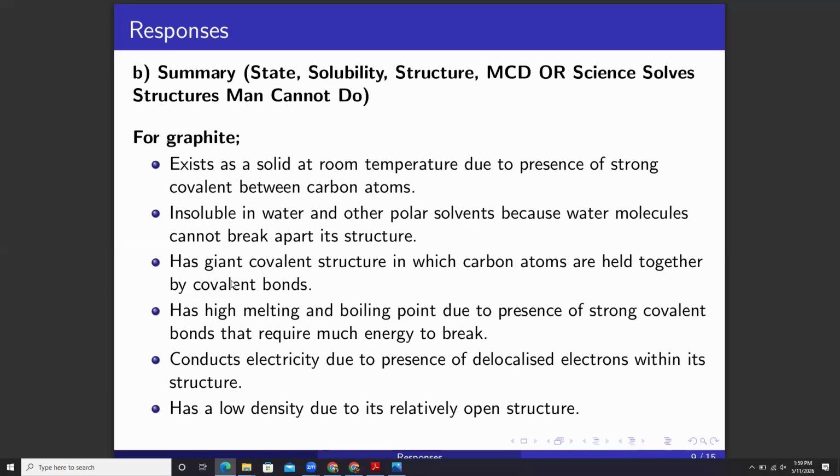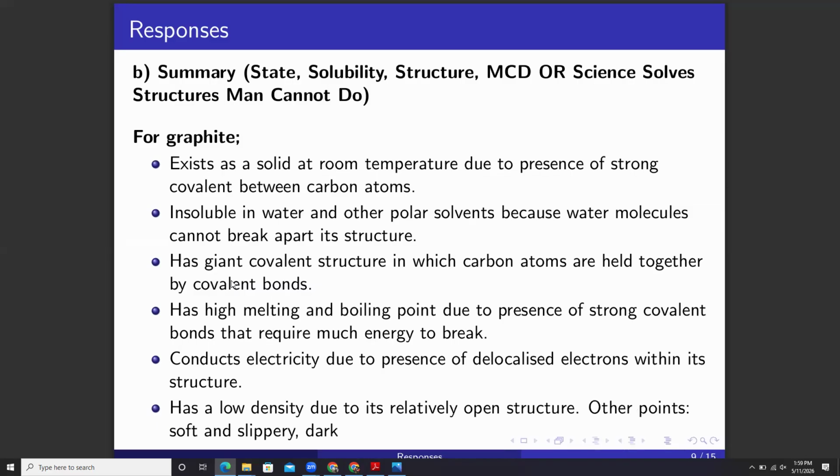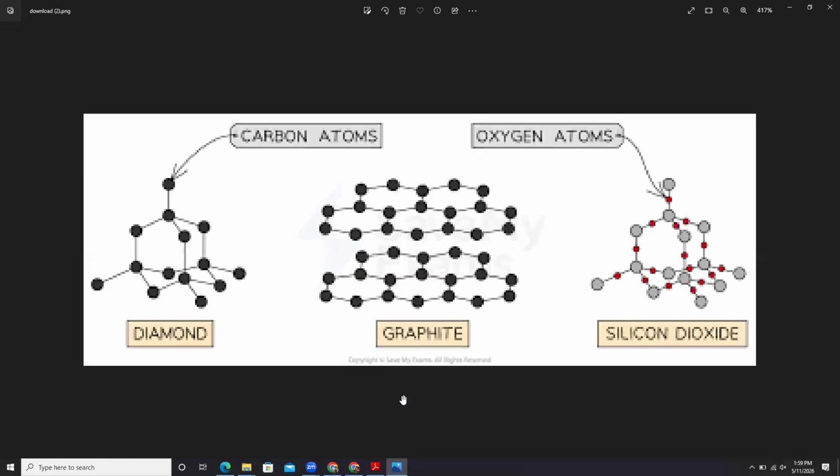However, there are also other properties of graphite which you can think about. Graphite is soft and slippery. Are you seeing the reason why it is soft? It is soft and slippery because of these layers of graphite.